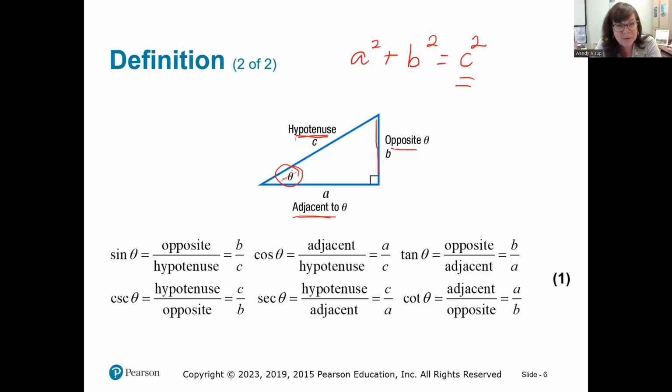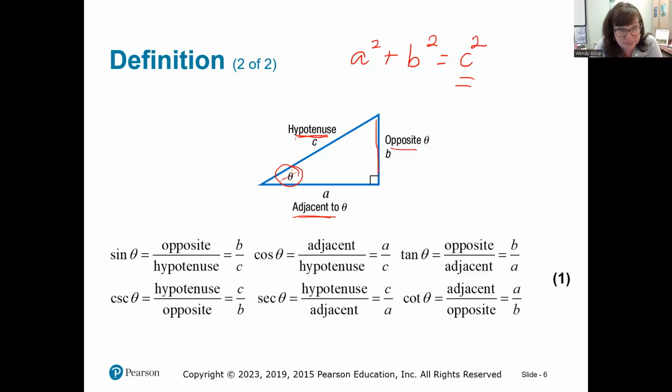All right, now, cosecant is the inverse, or the reciprocal, I should say, because actually trig inverses are a little different. It is the reciprocal of the sine. So if sine is opposite over hypotenuse, cosecant is hypotenuse over opposite. Cosine is adjacent over hypotenuse.